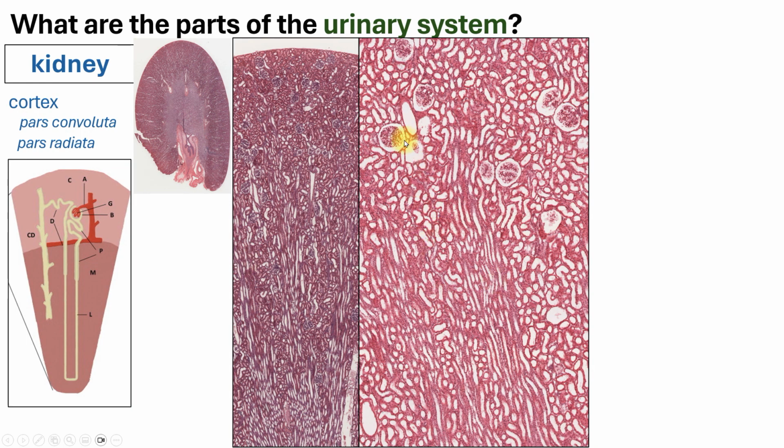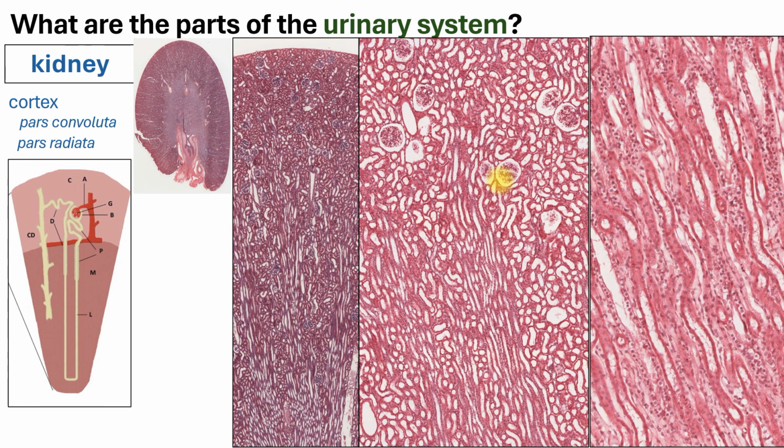Zoomed in, again, convoluta and radiata. And these would be your corpuscles, and we can appreciate the glomerular capsule, which has two layers, the parietal and the visceral, and the urinary space in between them. And here is a zoomed in part which accounts for this area. You can see there's a thin area and a thick area.